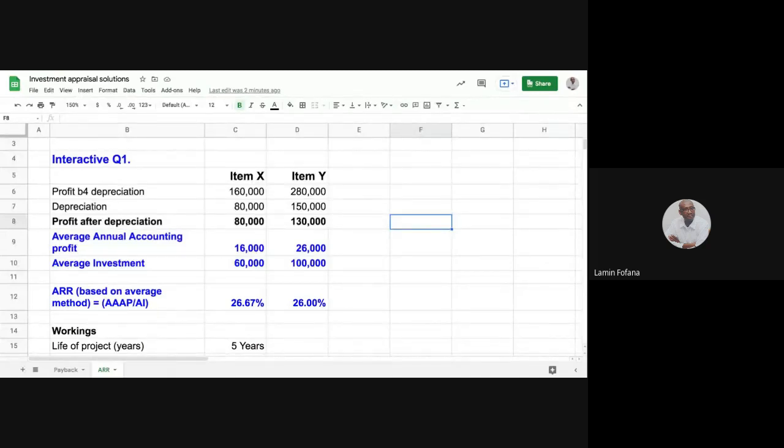This accounting rate of return is a good method, except that one, it does not put time value of money into consideration. And then two, it's calculated on accounting profit rather than cash flow. And like I said, accounting profit is subjected to a lot of manipulation.